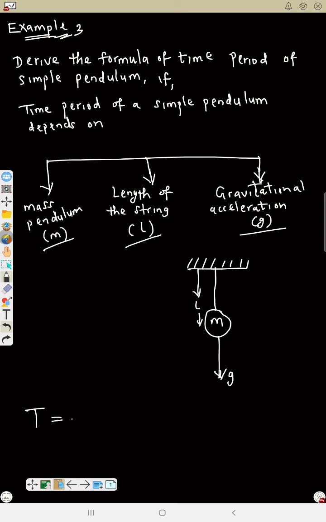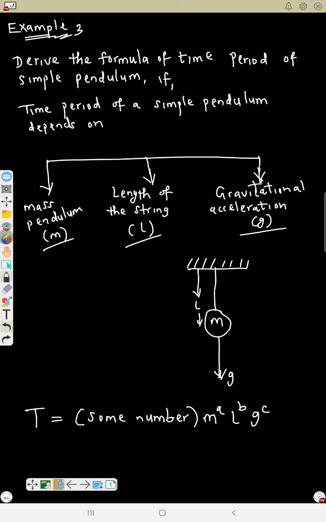T is equal to some number, m raised to power a, that is mass, L raised to power b, and g raised to power c.